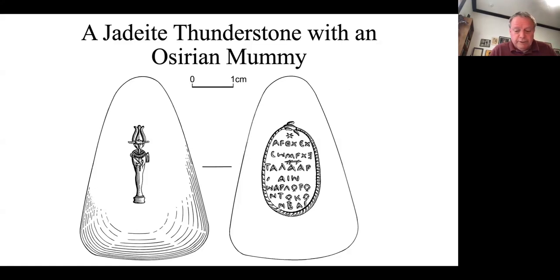On one side, we see an image of the mummiform Osiris, and on the reverse, an Ouroboros serpent with the head on top, as usual. That encloses 2 rows of symbols followed by 5 rows of Greek letters.